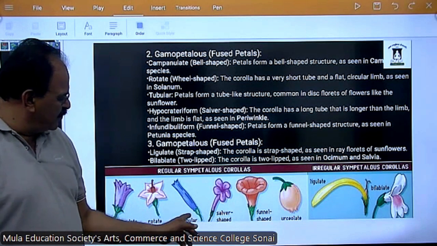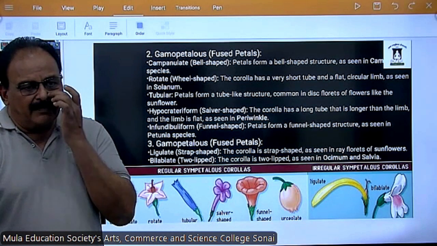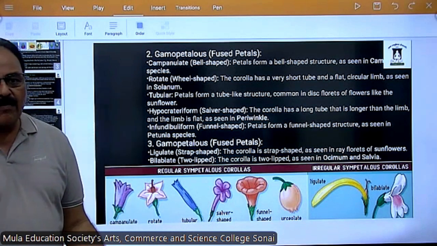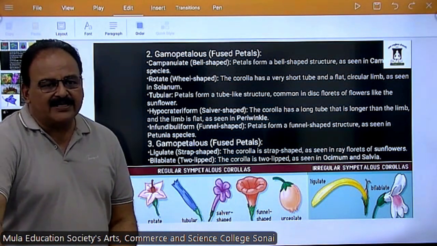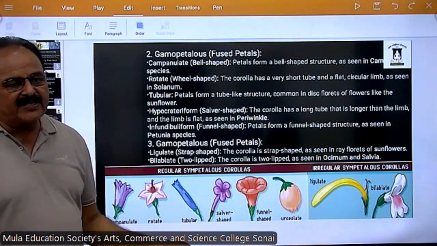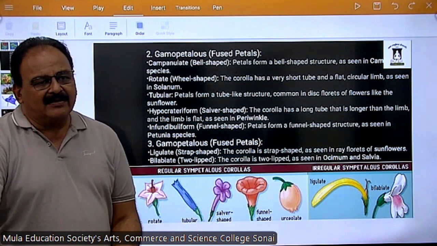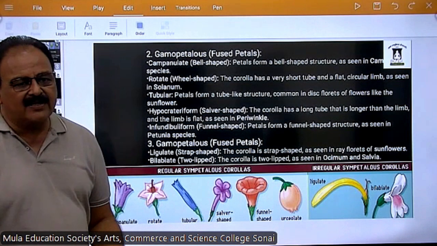Then the third one is tubular. Tubular petals form a tube-like structure, common in the disc florets of flowers like sunflower. The example is the disc floret. Then hypocrateriform or salver-shaped.